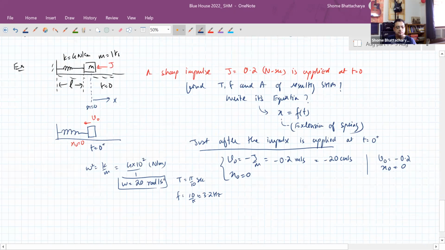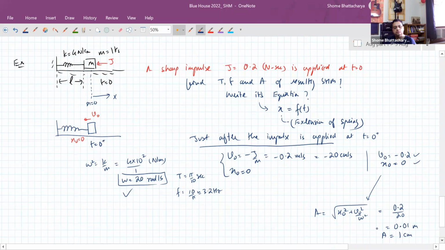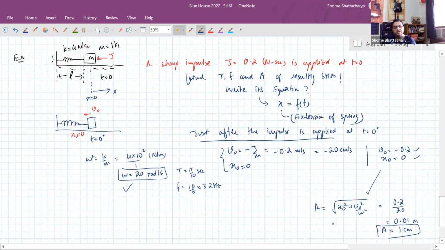So now we know omega, we know x naught and v naught. So we can see that the amplitude is just one centimeter, because x naught is 0 and v naught is minus 0.2, but you're squaring it, so it makes no difference.